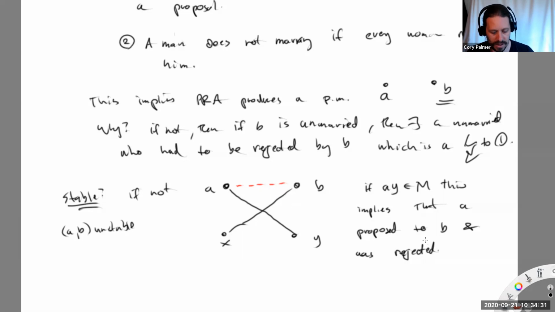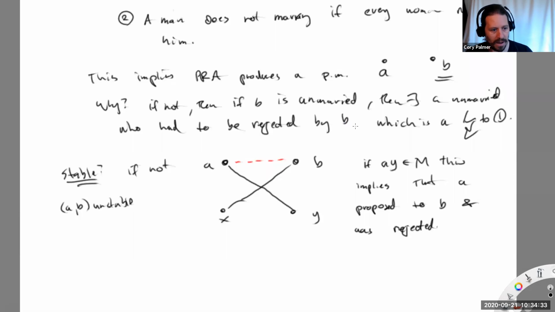Because how did B end up with X? BX is an edge, which means that, well, no, okay, we don't even need that. I mean, that'll be the contradiction, but if B, why would B reject A?